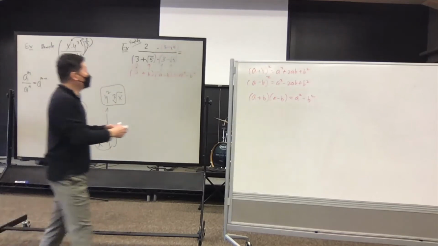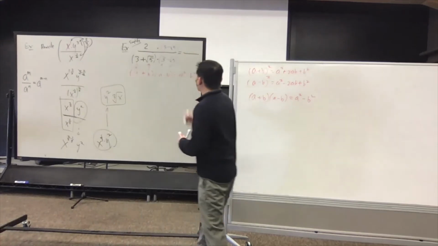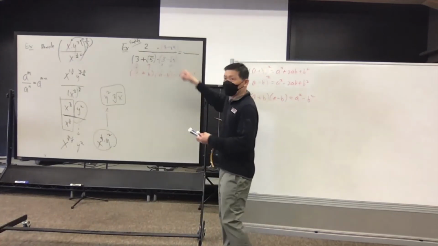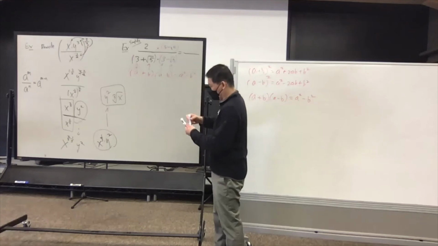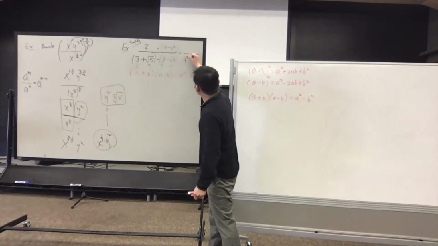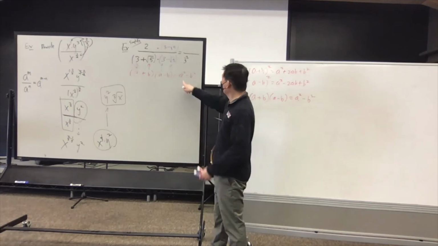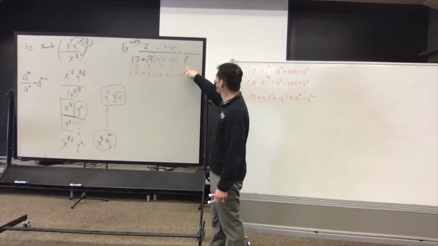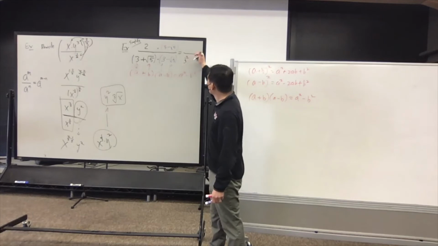Okay? So guess what happened? The bottom becomes what? 3 squared now, right? A is 3, A squared minus B squared, so A is 3, so it's 3 squared.